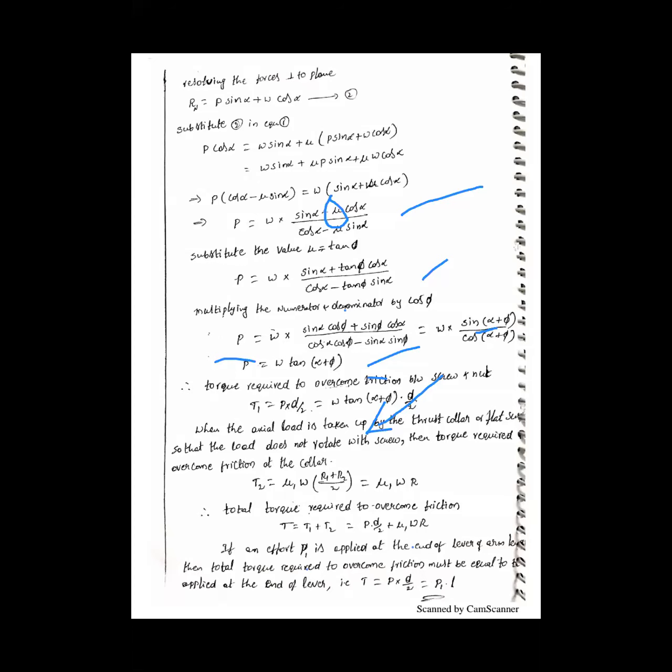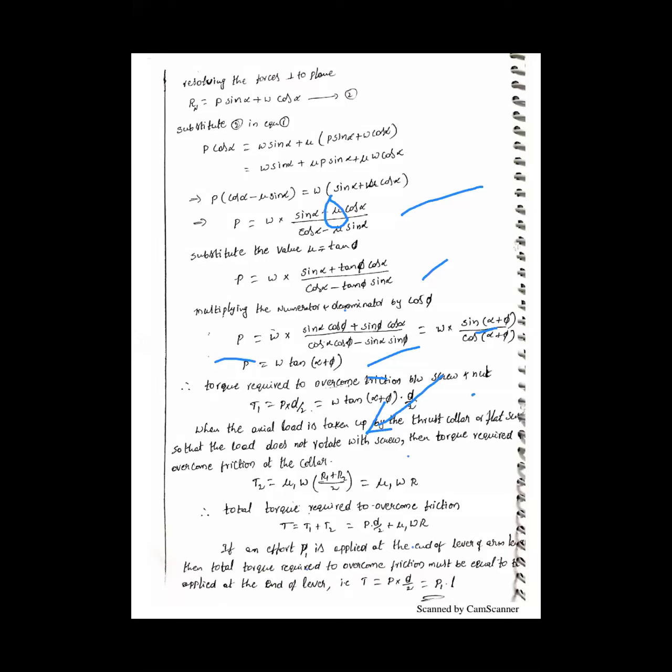Here d is the diameter of the screw jack, so the distance is half of the diameter, d by 2. So P is W tan alpha plus phi, and with d by 2, that is the torque required to overcome the friction between the screw and nut.